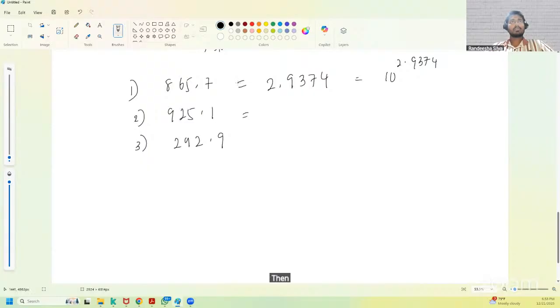Then this will be 2.9661, then 10 to the power 2.9661.